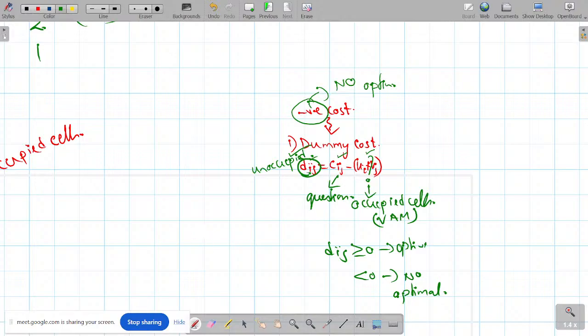As I discussed, dij is nothing but Cij minus (Ui plus Vj). We find Ui and Vj from the VAM method using the occupied cells. Cij is the data given in the question. And please make a note, you are going to find this dij only for unoccupied cells.